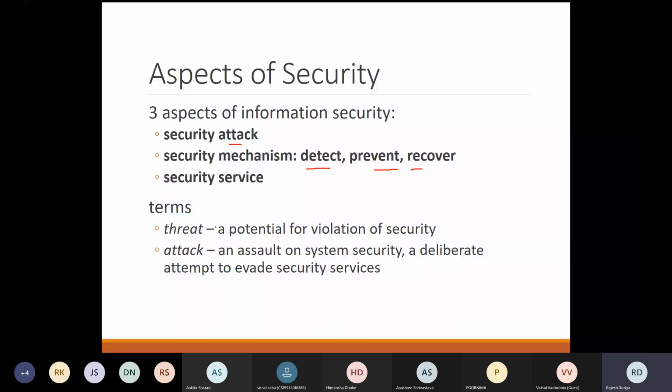A threat means a potential for violation of security, the potential danger which can be there, and an attack means an assault has happened on the system or on its security, which is a deliberate attempt to evade the security services and to intercept the data. So this is the potential threat, and this is the actual threat. Once the threat has happened, it is treated as an attack.